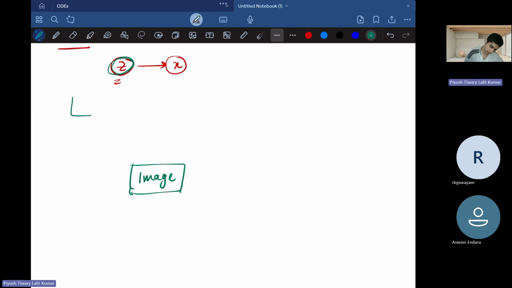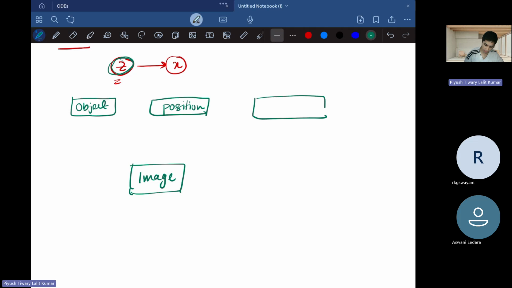For example, there is an object in that image, there is a concept of position of the object, there is a concept of camera angle. There are so many hidden factors that you are not able to see, but they contribute to your image.